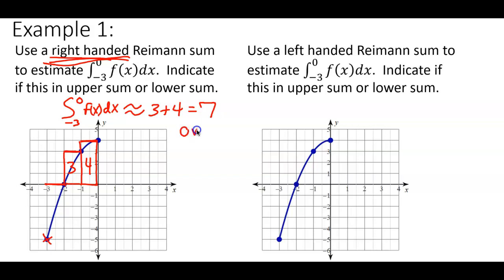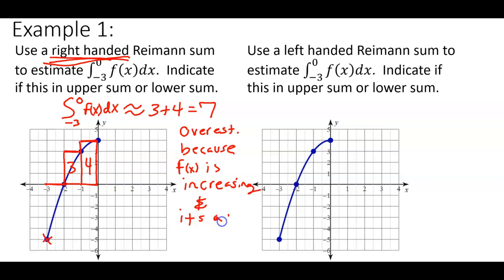So we're going to say overestimate because of 2 reasons: f of x is increasing, and it's a right-handed sum. That's how you would have to explain it on an FRQ.